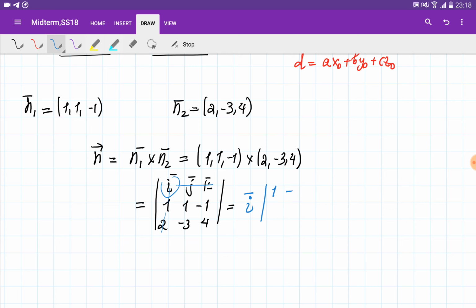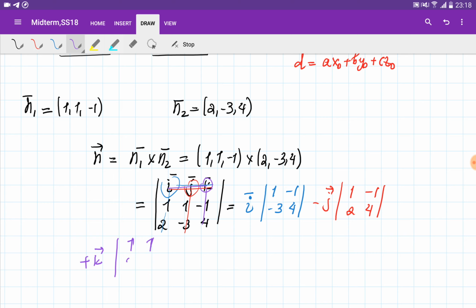It's going to be 1, minus 3 and 4, minus j multiplied by the determinant of the matrix obtained by crossing out the row and the column where j is located. It's going to be 1, minus 1, t and 4, plus the k multiplied by the determinant of the matrix, which is obtained by crossing out the row and the column where the k is located.